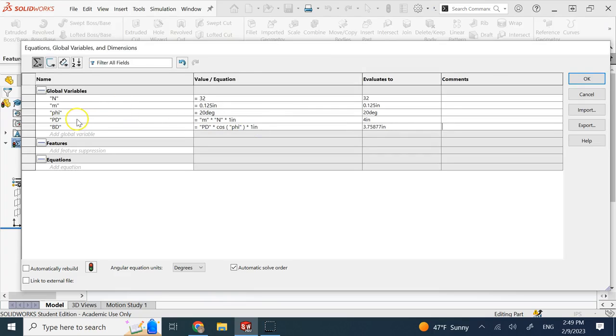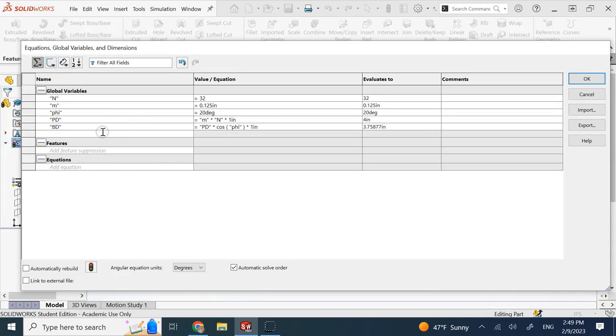So this is the pitch circle, this is the base circle diameter, and then we need to add some other relations here. For example, we need the external circle diameter, or addendum, and we need the root circle diameter, or dedendum. Let me add those as well.